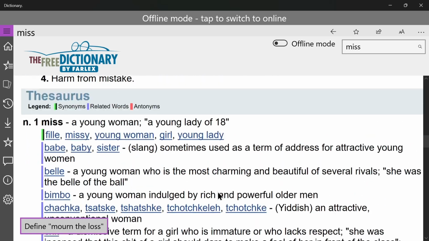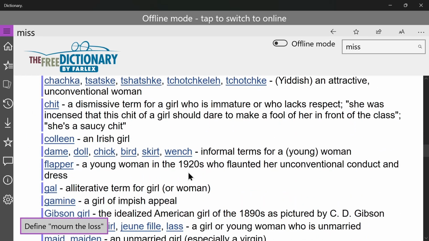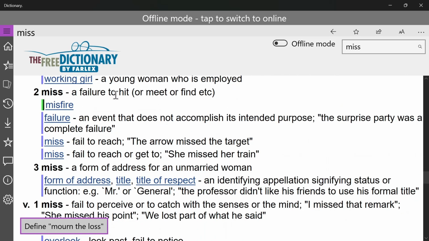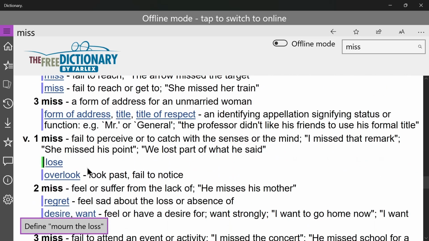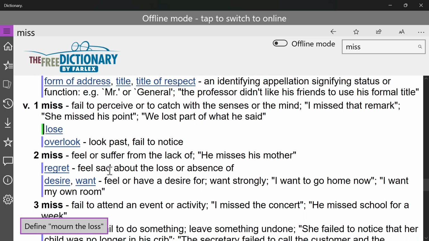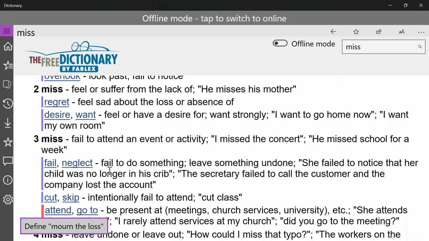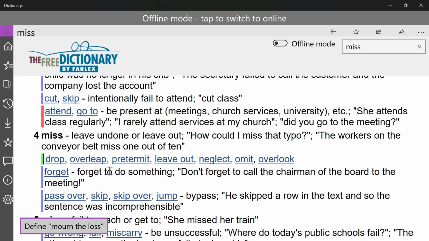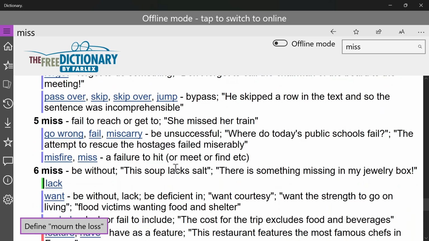As a verb, miss is like to lose. In some sense you can use to lose. But in this sense, like I miss my friend, I don't think there is any other way. Only one word. I cannot think of any other word.